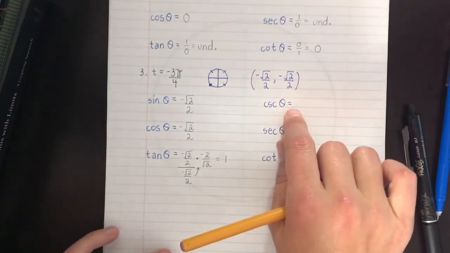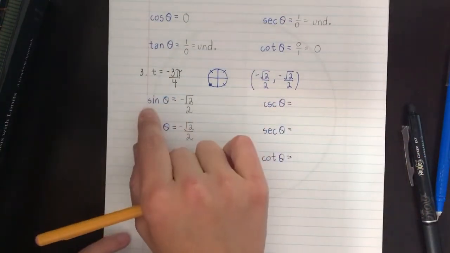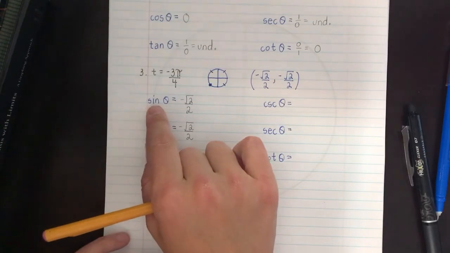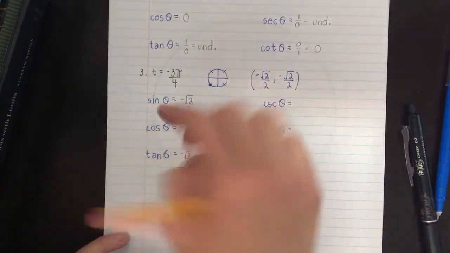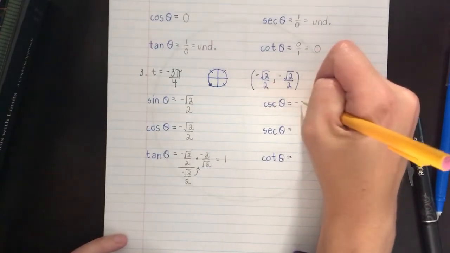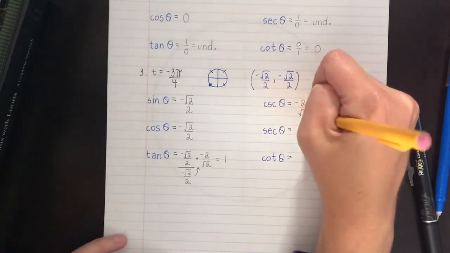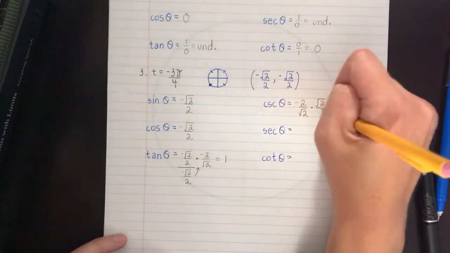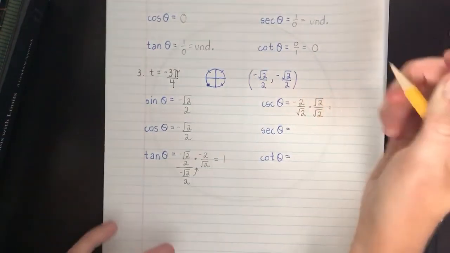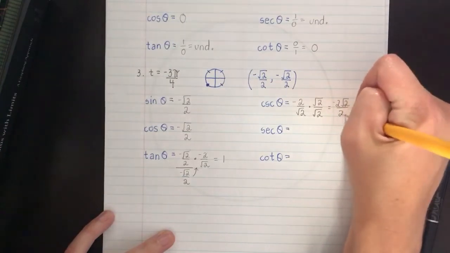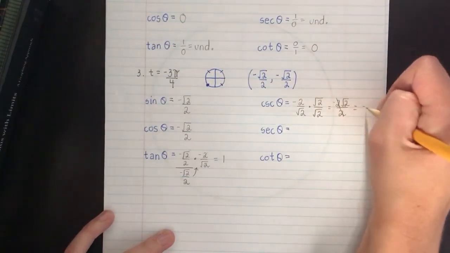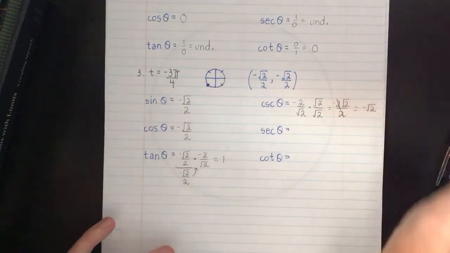Cosecant, recall, is the reciprocal of sine. So the reciprocal of y, so reciprocate the y value, or you can look at this answer here if you have it readily available. So it would be negative 2 over square root 2, and again you must rationalize. So you have negative 2 square root of 2 over 2. Simplify, it would be negative square root of 2.